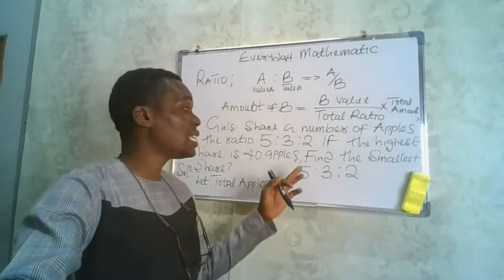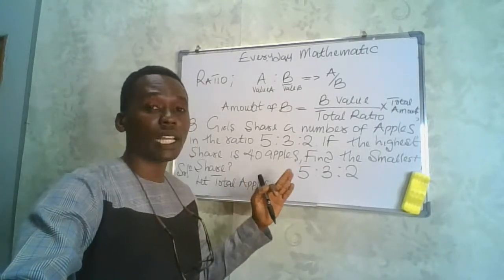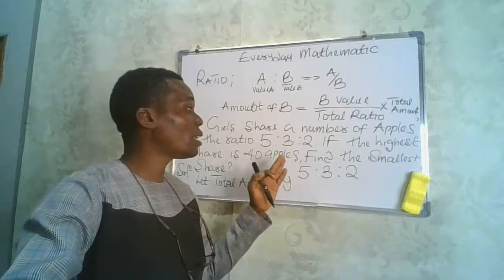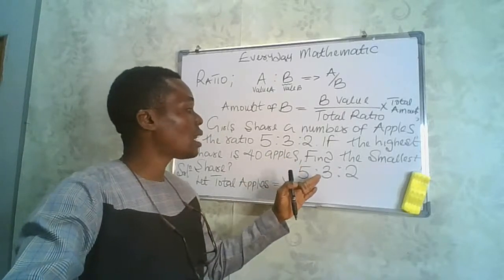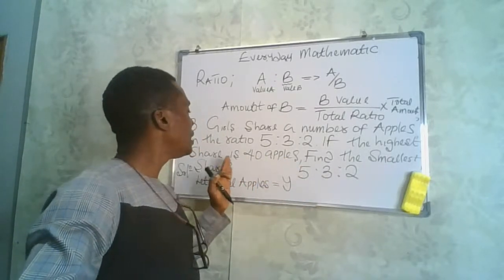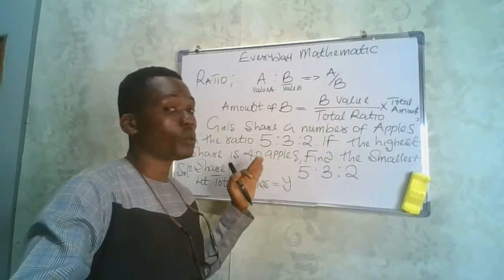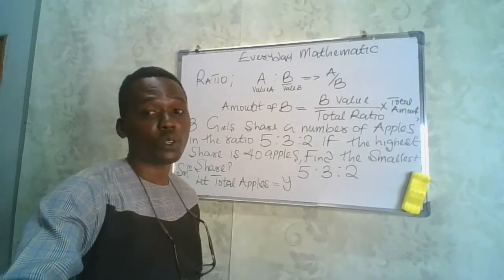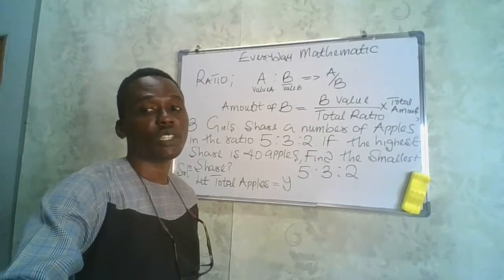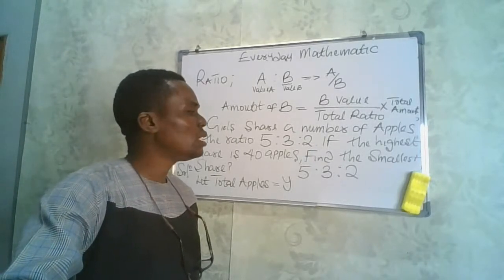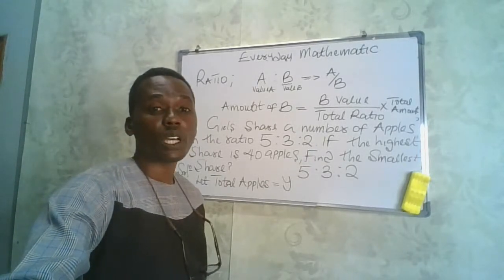Now, we are given the highest share. Let's analyze what we are given. We are given the ratio in which the apples are shared. The highest share of apples is 40 apples. We are asked to find the smallest share. What we need to do is to look at the total ratio.